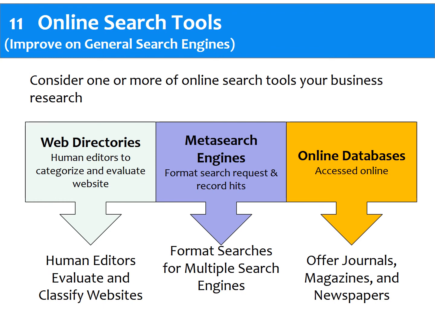Online databases are basically databases that we can easily access online. We have journals, magazines, and newspapers that can easily be accessed online. So this saves time, and they are easy to use and easy to search as well.